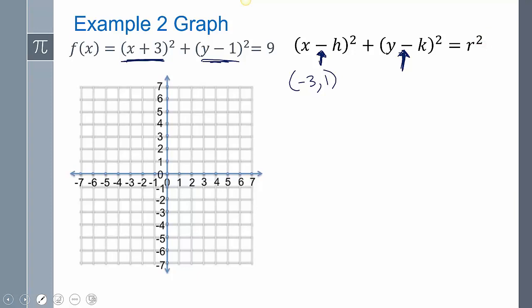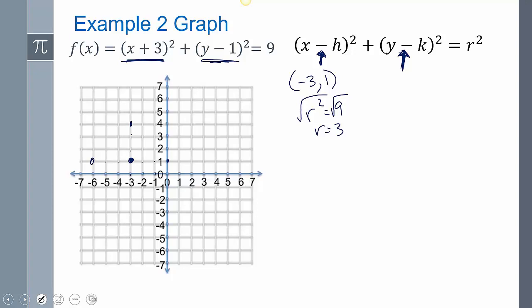And then our r squared equals 9. So then square root both sides, r equals 3. Now, I'm not doing plus or minus for this, because just remember, you can't have a negative radius on a circle. So let's do our transformation. Moves over 3 spaces, 1, 2, 3, and up 1. And then my radius is 3. 1, 2, 3. 1, 2, 3. 1, 2, 3.